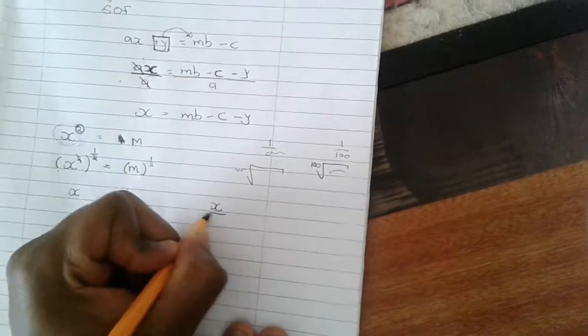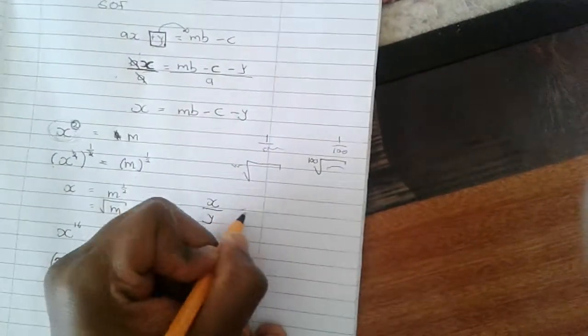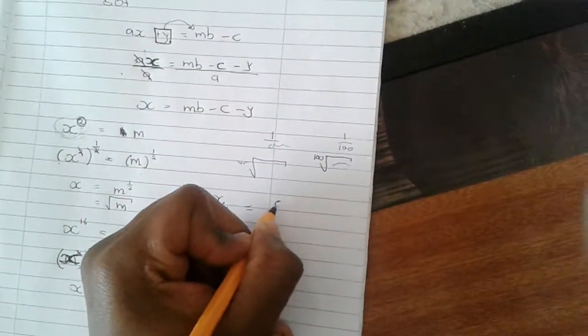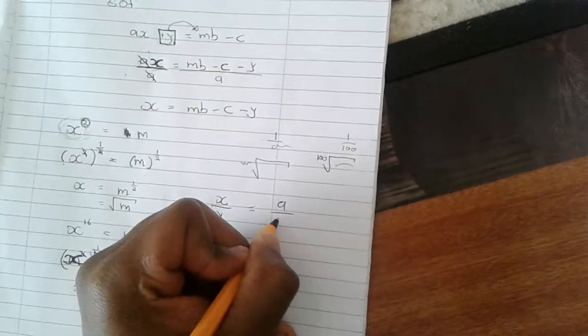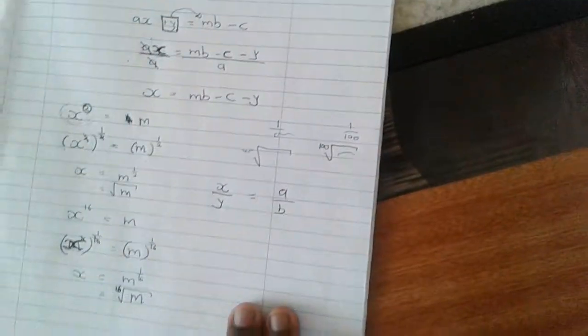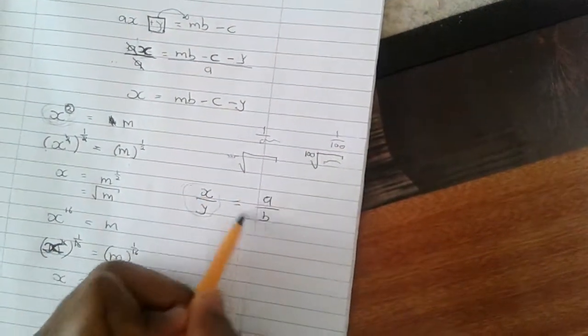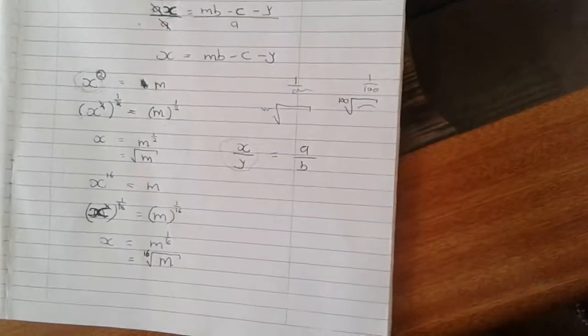Good. Now let's go to division. If you have x over y is equal to a over b, for instance. Now when it comes to division, you are going to multiply with the inverse of whatever it is you want to get rid of.